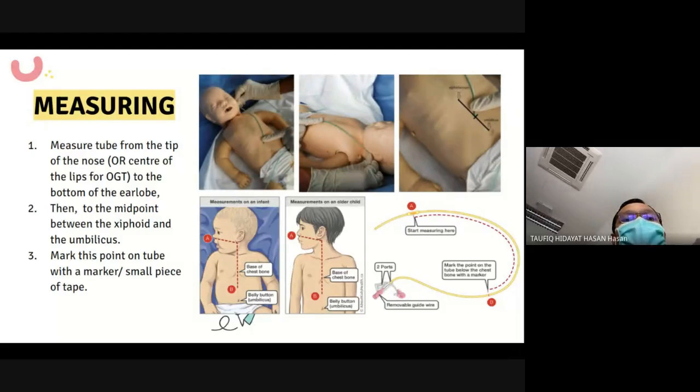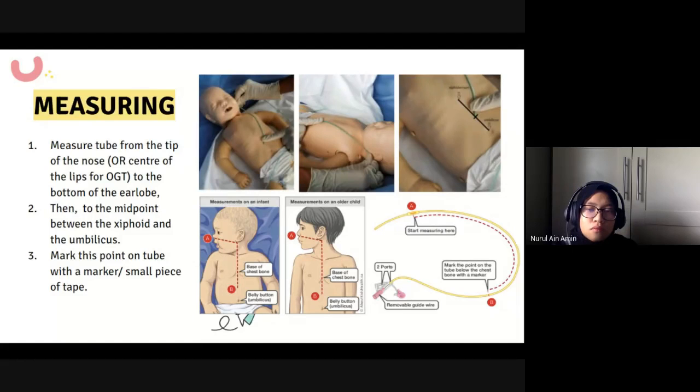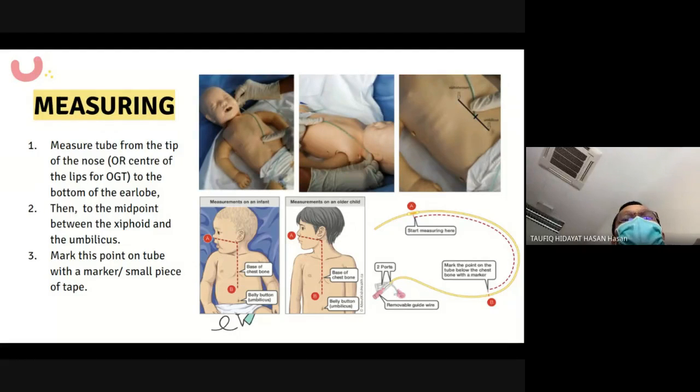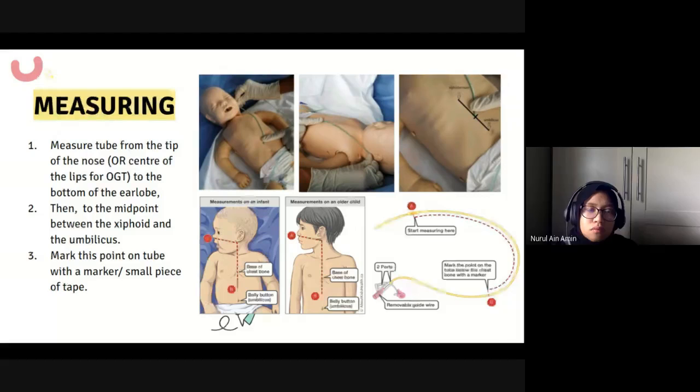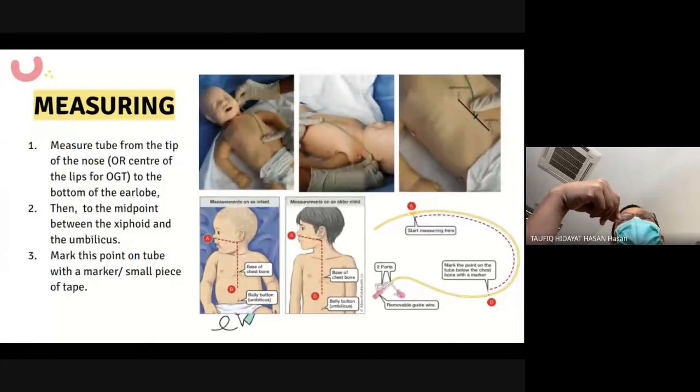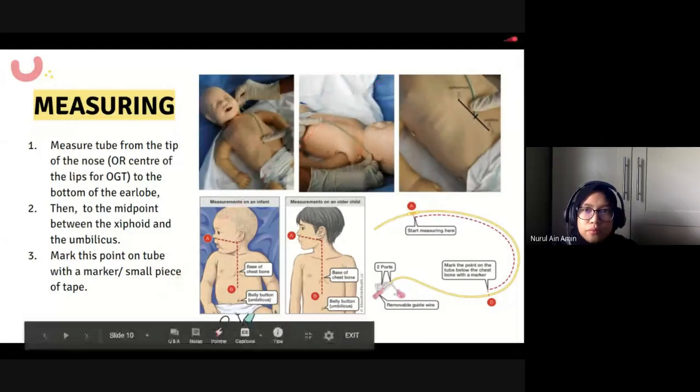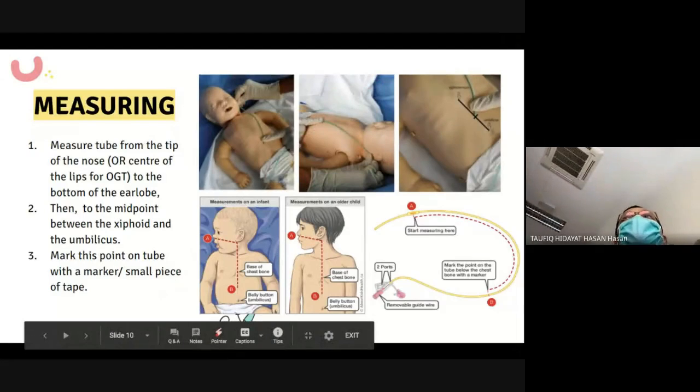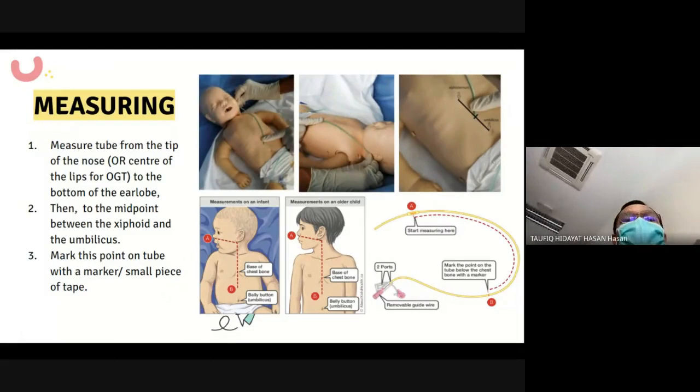Okay. Oh yeah, after inserting pun, before perform X-ray, usually we just simply give bolus of free air tu, then we check the sound in the gaster ya, on the gaster akan terdengar lah suara tu. Okay, alright.